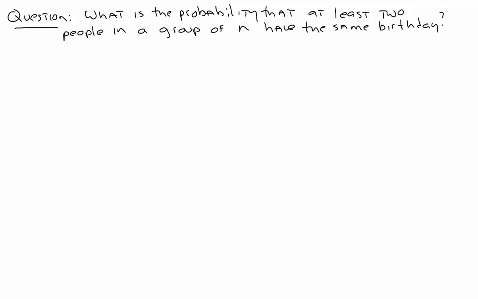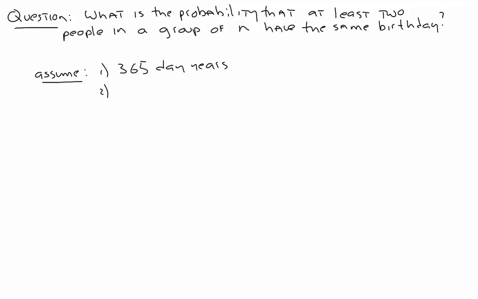I've got to make some assumptions in order to tackle this problem. First assumption is that I have a 365-day year. We're not going to account for leap years and leap days.